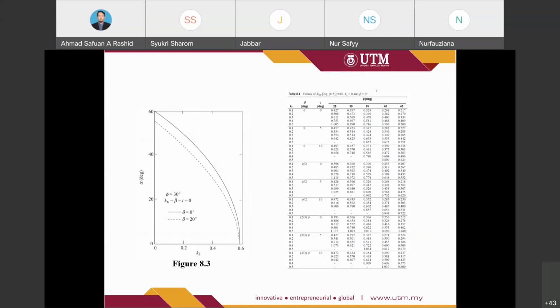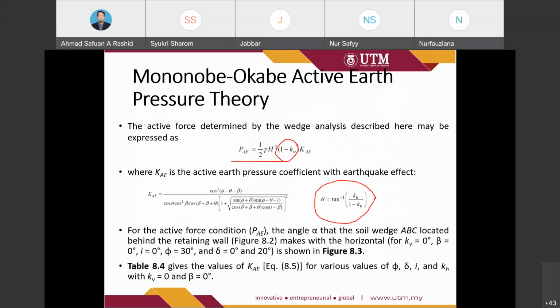So this is the table that we may use to determine the KAE, or otherwise we may use this equation.